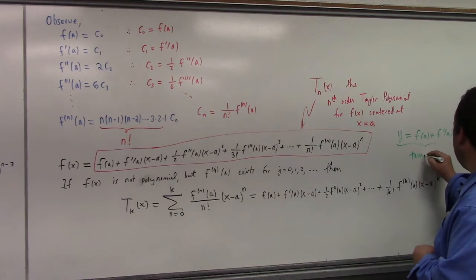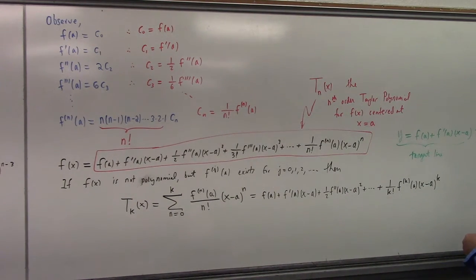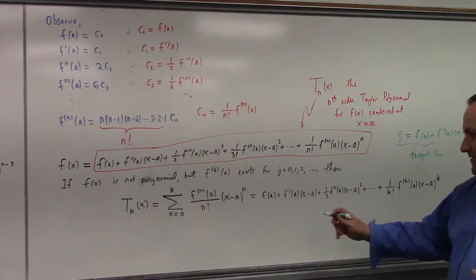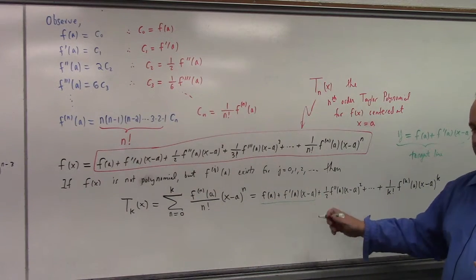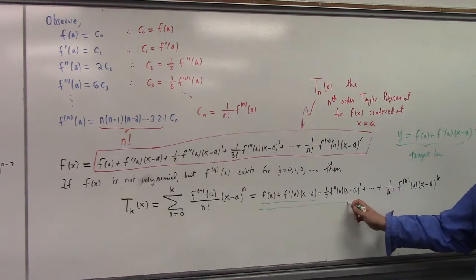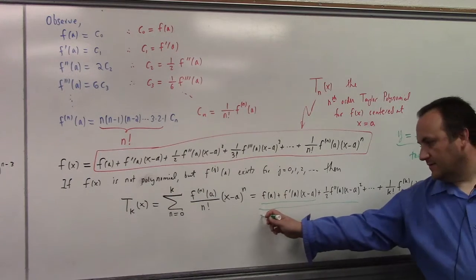And so what is the tangent line? This is also T1 of x, right? So the tangent line is the first order Taylor polynomial. The best linear approximation to the function is given by this. The best quadratic approximation is given by all these guys. And if you want the best kth order approximation to the function, you take all the way out to here.